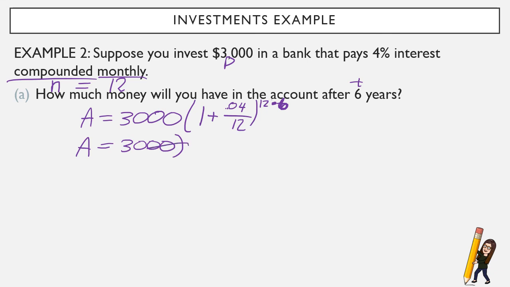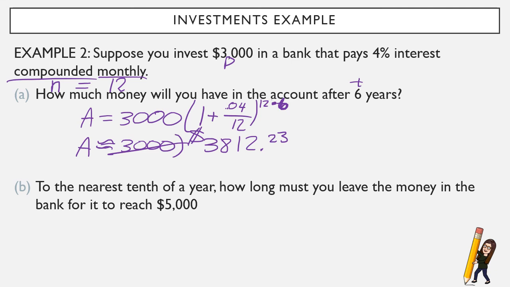All right, so I actually arrive at approximately $3,812.23. Depending if you round it as you solve, the penny might be off a little bit. So I'm open to if you round up or down there. But pretty basic. But let's take a look at the other scenario.